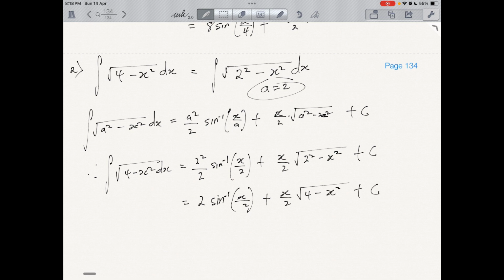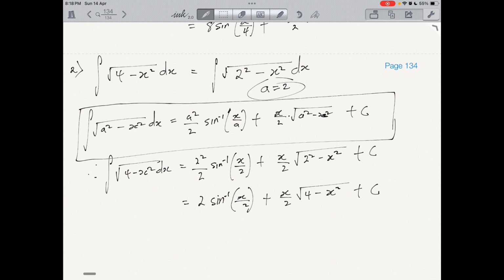We can have more and more examples of this form, but the main principle we are going to keep applying is this format: the integral of the square root of a squared minus x squared with respect to x is a squared over 2 arc sine x over a plus x over 2 multiplied by the square root of a squared minus x squared plus c.